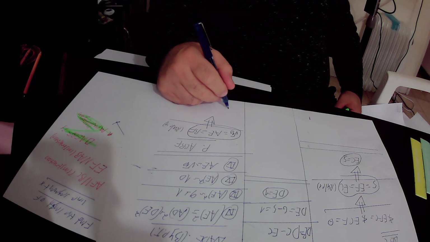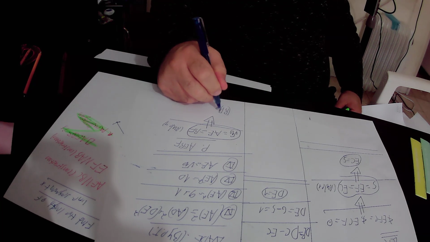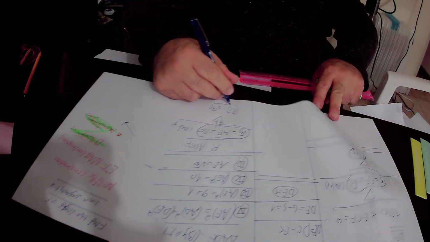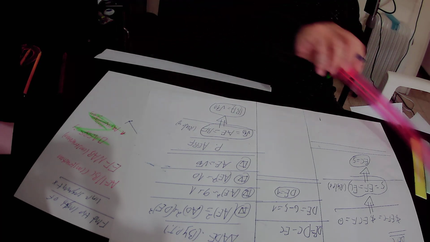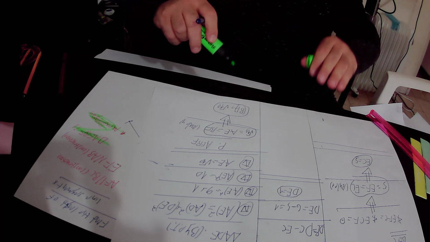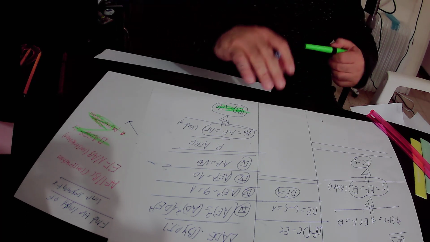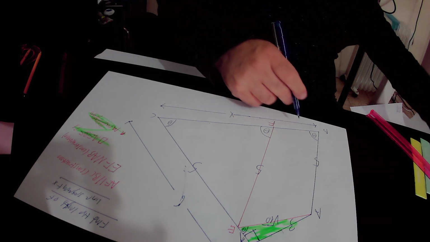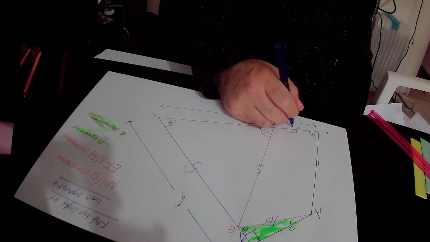We derive that BF is also equal to the square root of 10 units. So here we can write down that BF equals the square root of 10 units.